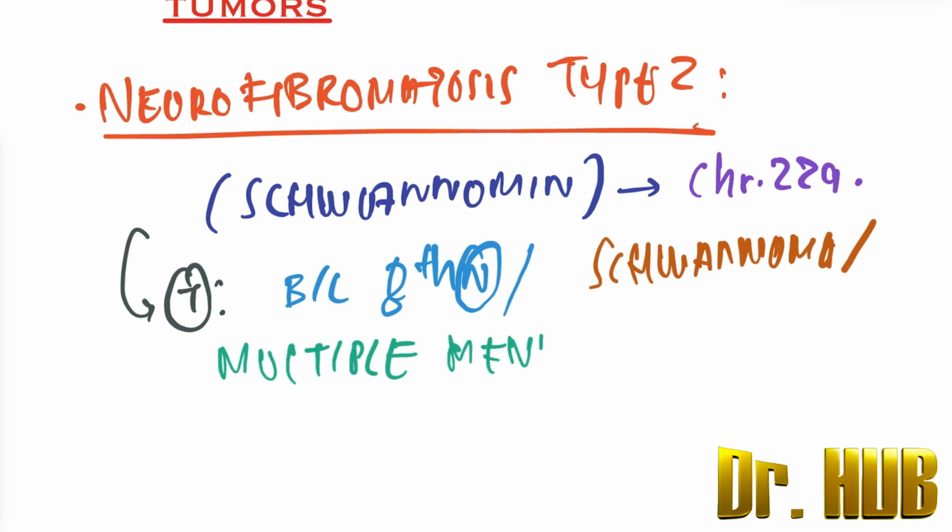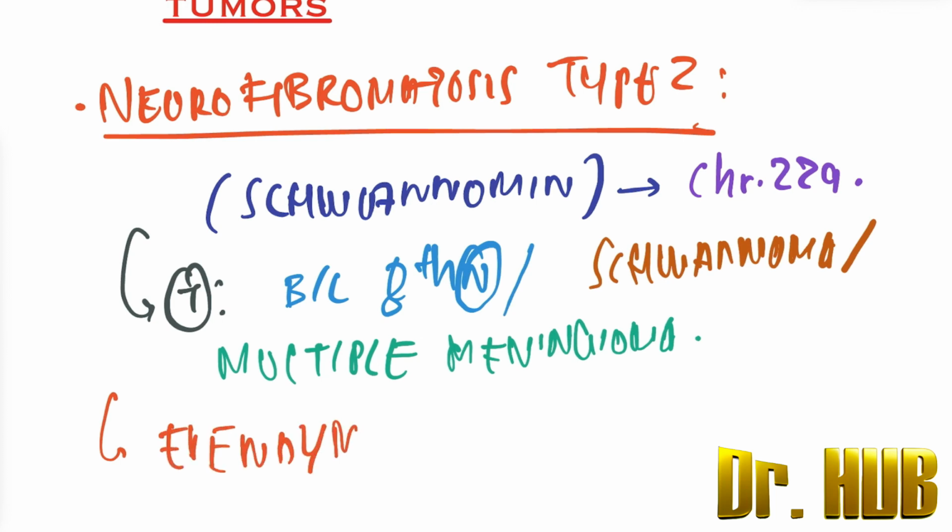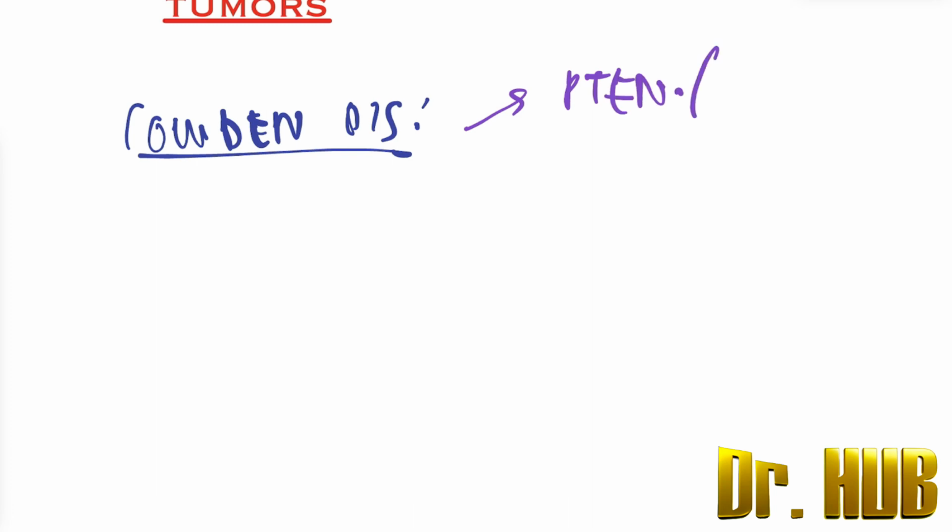Next are the ependymomas of the SC, that is the spinal cord. Then we move on to Cowden's disease. Here in Cowden's disease, the gene defect is PTEN, on chromosome 10.